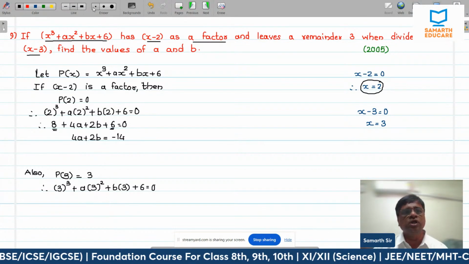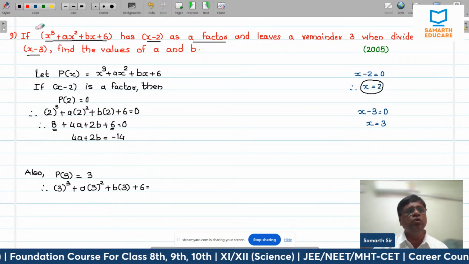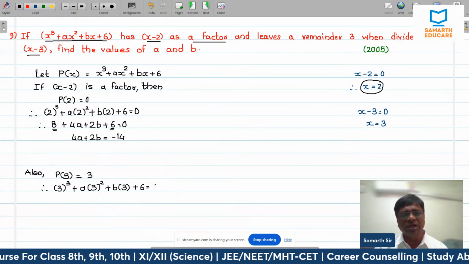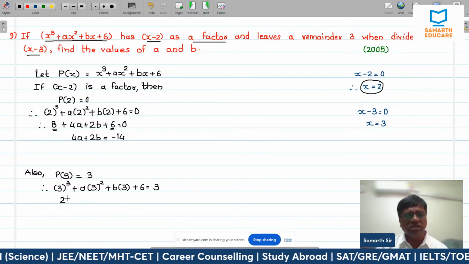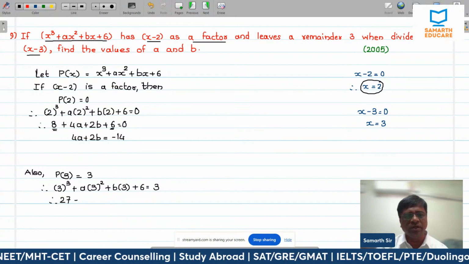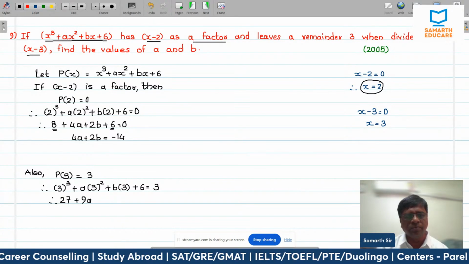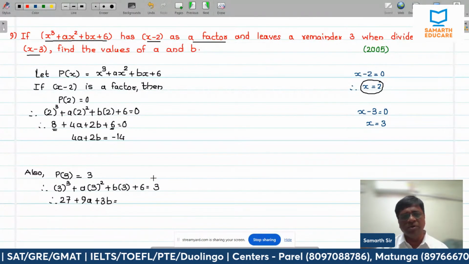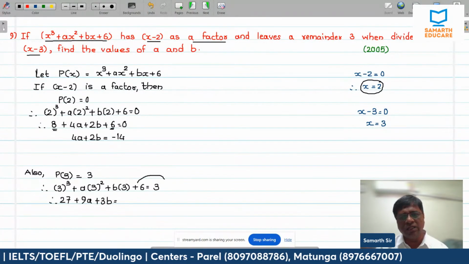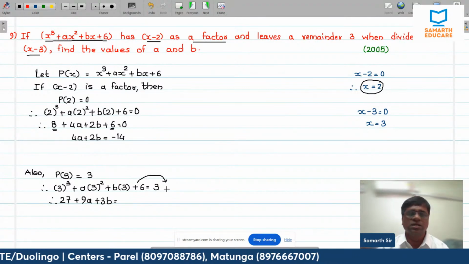Again, I am so sorry. यहाँ पे we already know that after doing this, the remainder has to be 3. All right. So this is 27. 3 का क्यूब 27 है plus 9a plus 3b is equal to, remember 6, I take it on the other side, it becomes minus 6.